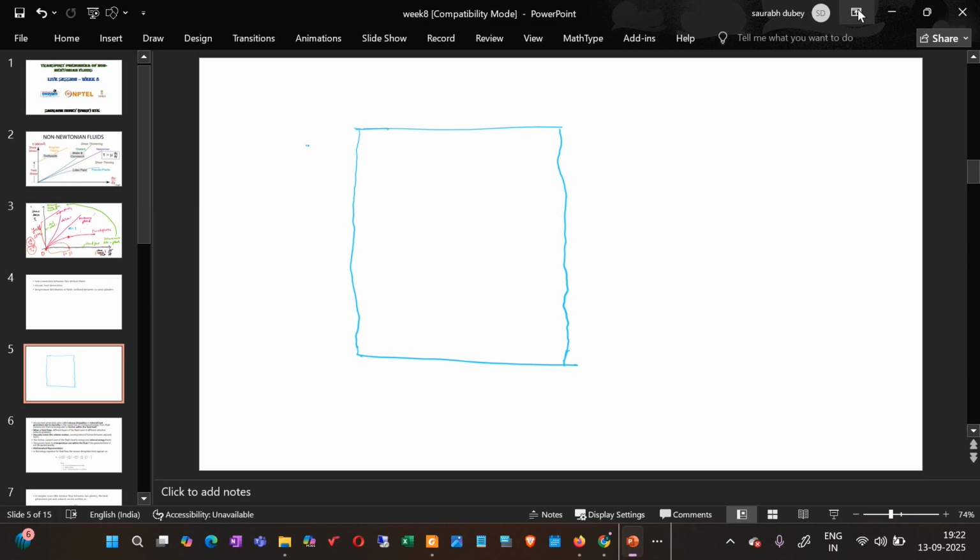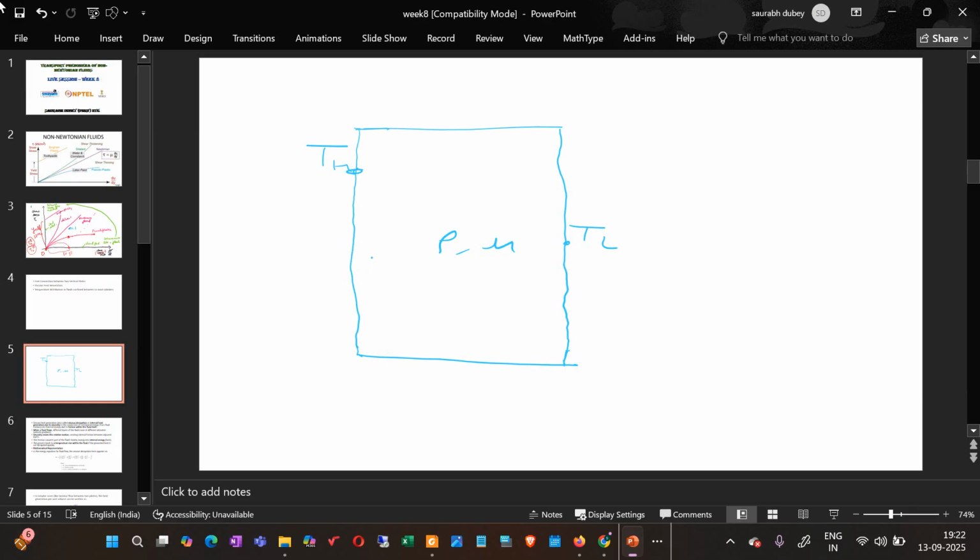So this one is the temperature, right? This is the higher temperature, T higher, this is T lower, right? And whatever fluid molecules are here, the fluid of density rho and viscosity mu is there, right? So whatever fluid molecules are here will get their temperature raised.